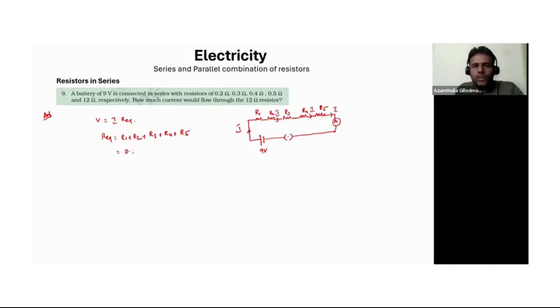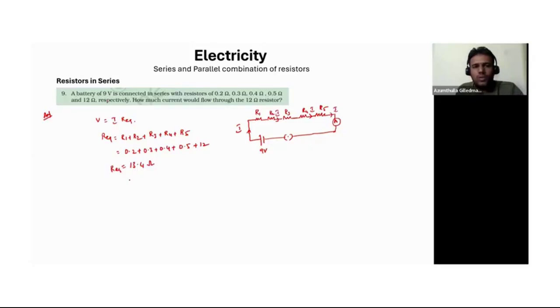That is 0.2 plus 0.3 plus 0.4 plus 0.5 plus 12. So how much is this? 0.5, 0.9, 1.4, so 13.4. So this is 13.4 ohms. That is R equivalent.